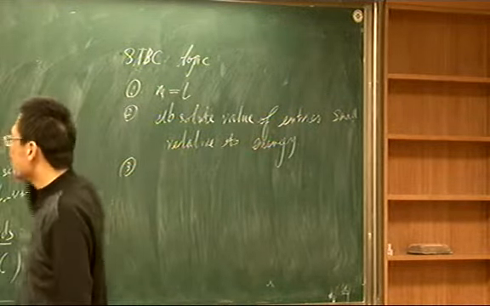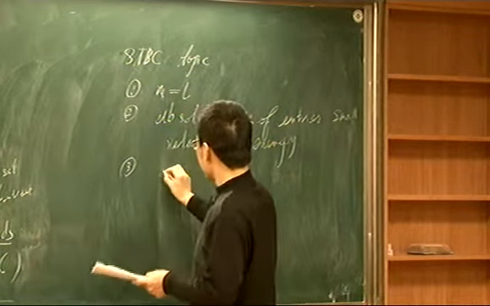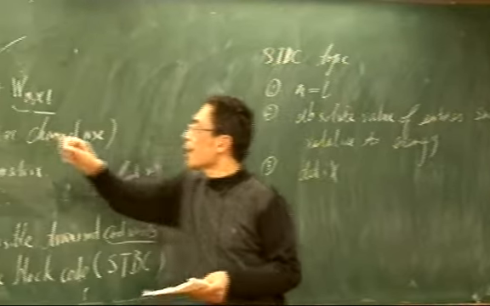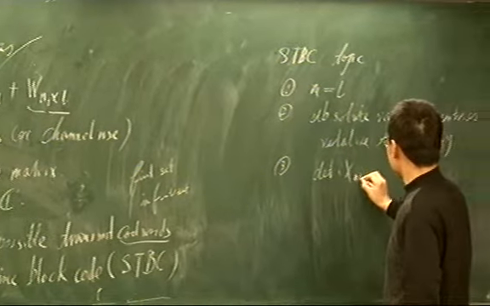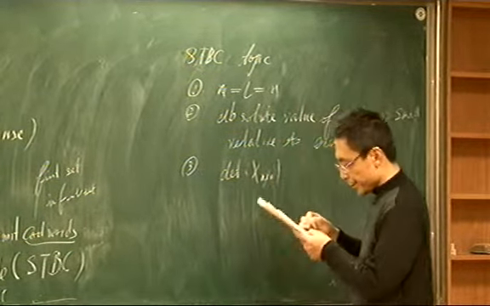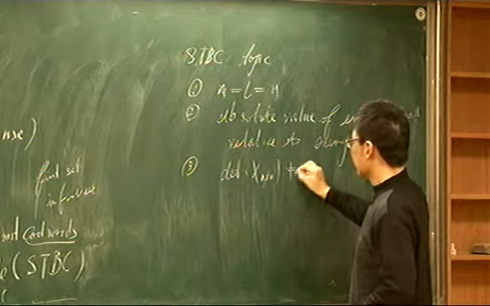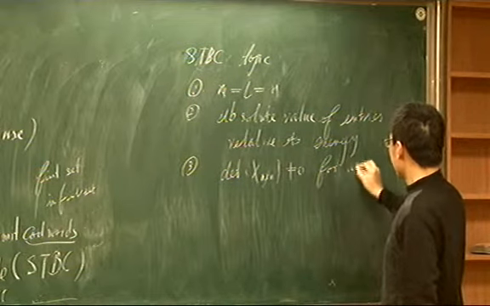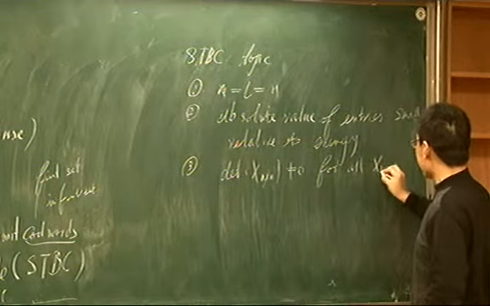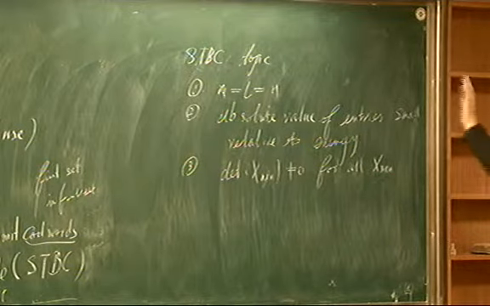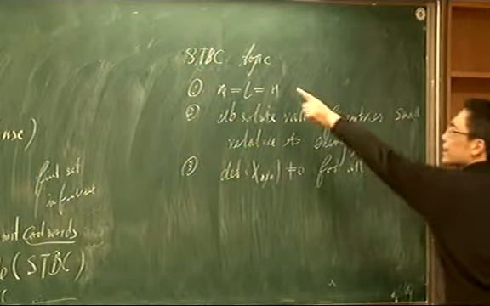We want the determinant of X, with NT equal to L, to be nonzero for all X. This is a recent investigation, but I know nothing else about STBC.